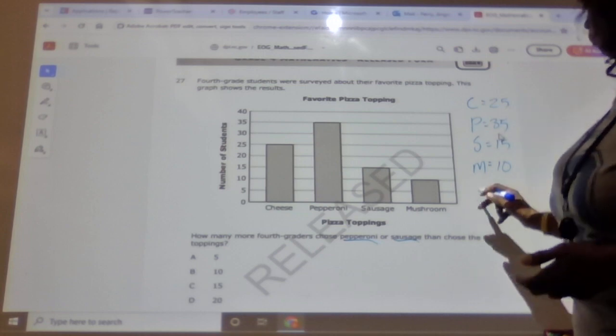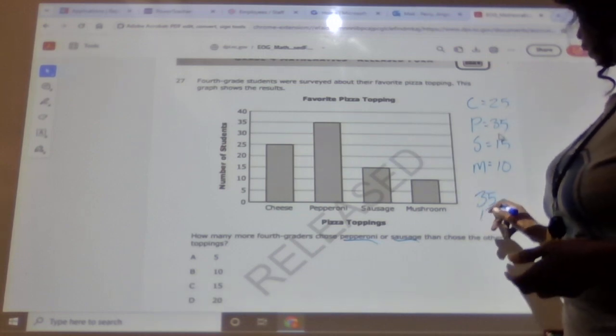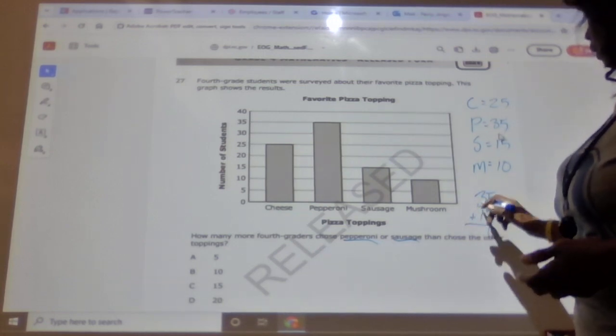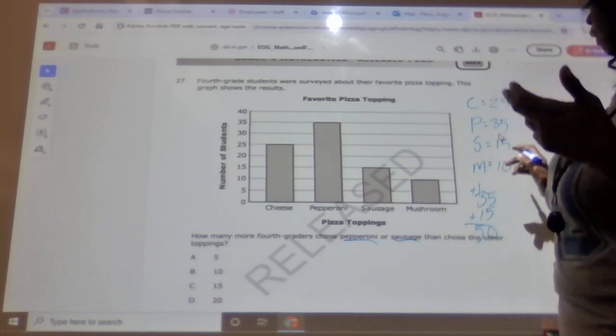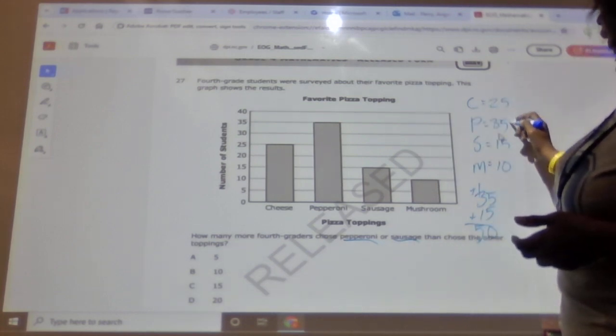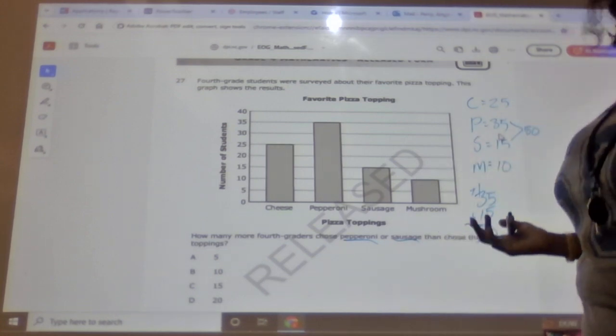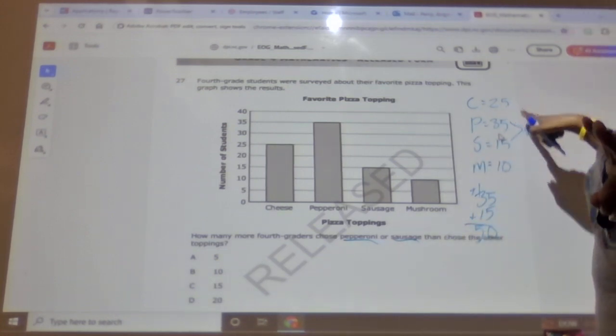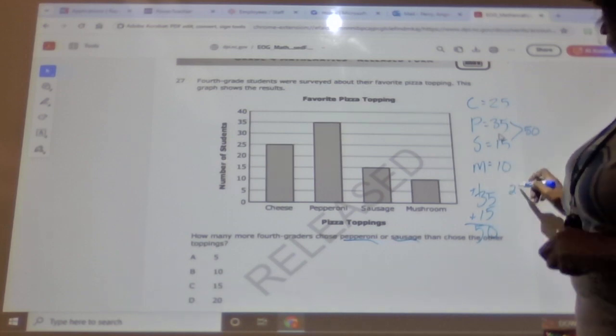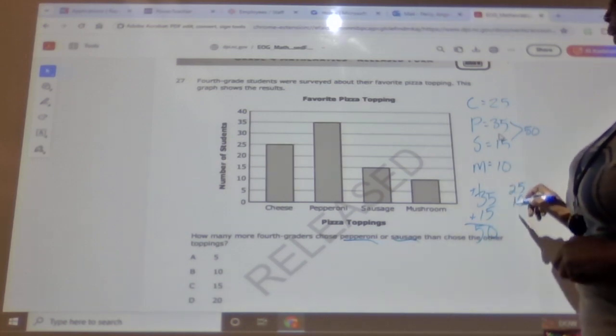So they're here. So that's 35 and 15. Looks like 50 to me. So 50 people chose the pepperoni and the sausage. Okay? Then the other toppings, there are two other toppings. There's cheese and there's mushroom. So let me add up. It's 25 cheese, 10 mushroom.